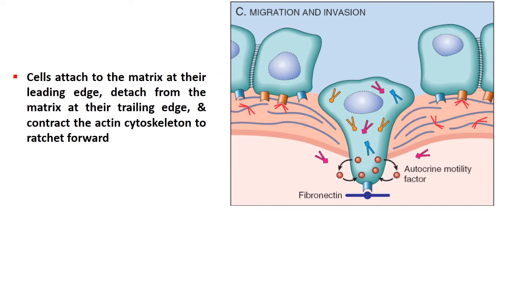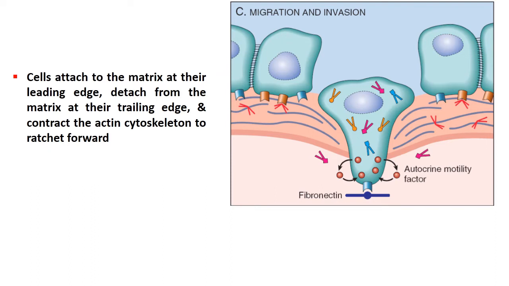The cell attaches to the matrix at its leading edge while detaching at the trailing edge. Hence they move forward. They bind or attach at the leading edge and detach from the trailing edge. So the contraction of the actin cytoskeleton will move it forward.